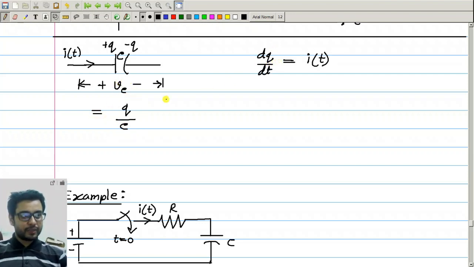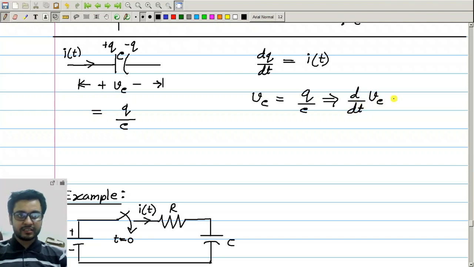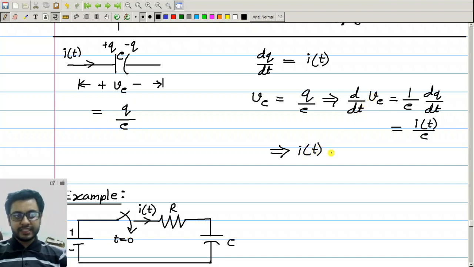Now, from this expression that Vc equals Q by C, we can write by differentiating it, d/dt of Vc is equal to 1 over C times dq/dt, and dq/dt is equal to i, so we have i by C. You may also write it as i equal to C times d/dt of Vc.